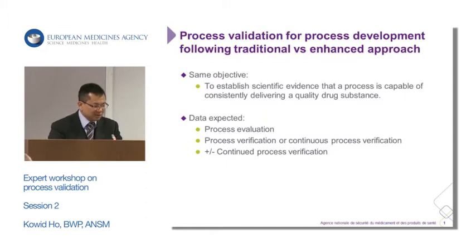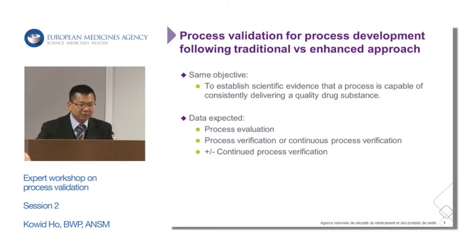Whatever happens, the objective of process validation, whatever the approach used, is the same. It is to establish scientific evidence that the process is capable of consistently delivering a quality drug substance. Now the data expected will also be the same.